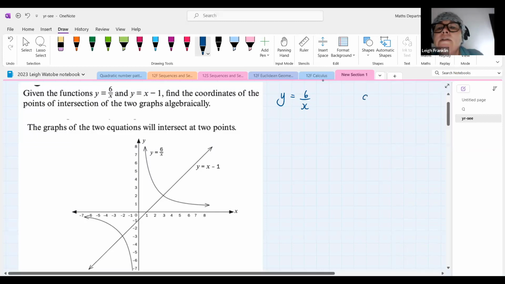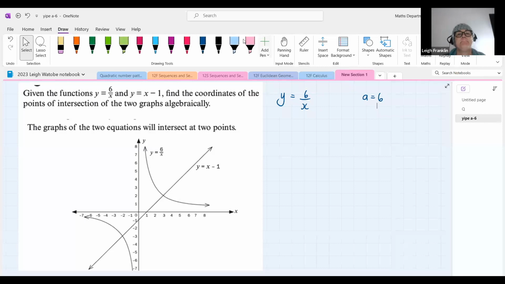Good. What does the A value tell us? What does it tell us about the hyperbola? Can anybody explain that to me? What does the A value tell you about the hyperbola?